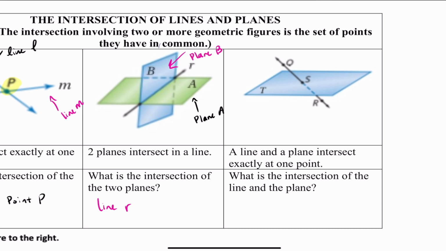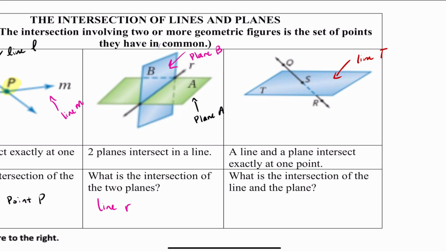Okay, next problem. We have a line and a plane that intersect exactly at one point. What is the intersection of the plane and the line? So here we have this plane. We'll call that plane T because we have that capital letter there. Then we see that we have this line here because they extend in both directions and they have these arrows, so this is obviously a line.